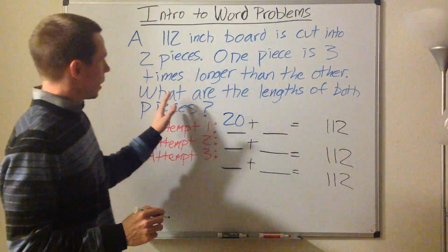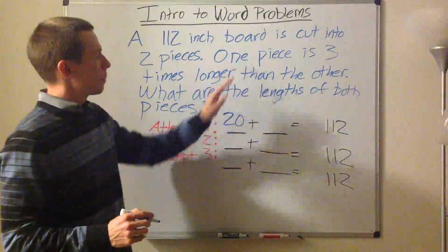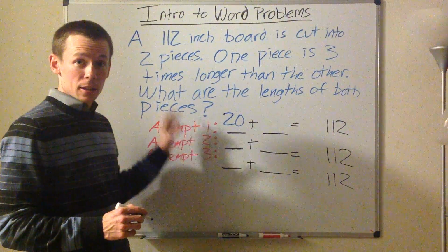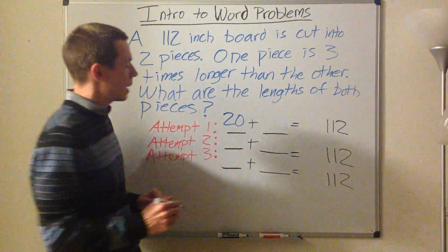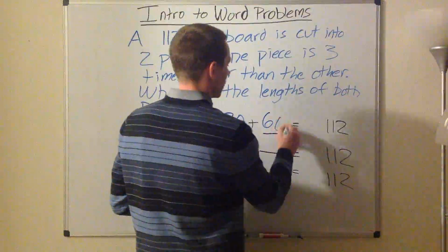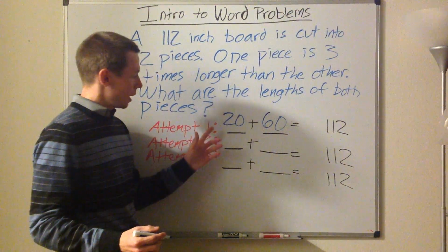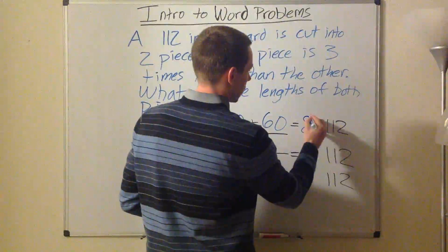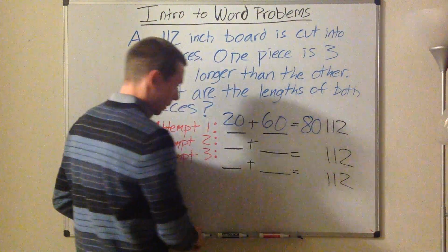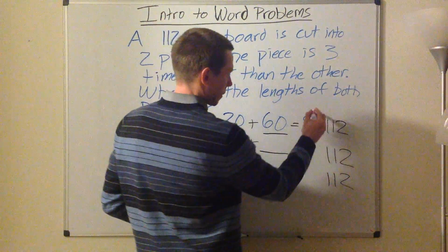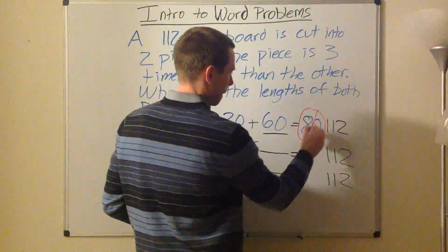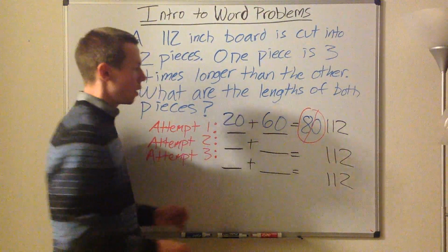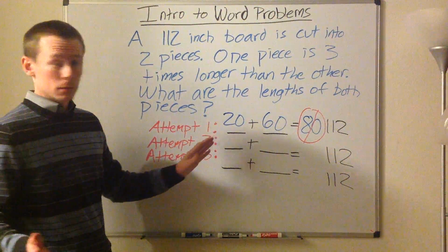Well, if the shorter piece is 20, the other piece must be 3 times that length to fit the problem. 20 times 3 is 60. And then let's see if that equals the 112 we want it to. No, it doesn't. So this was wrong, right?